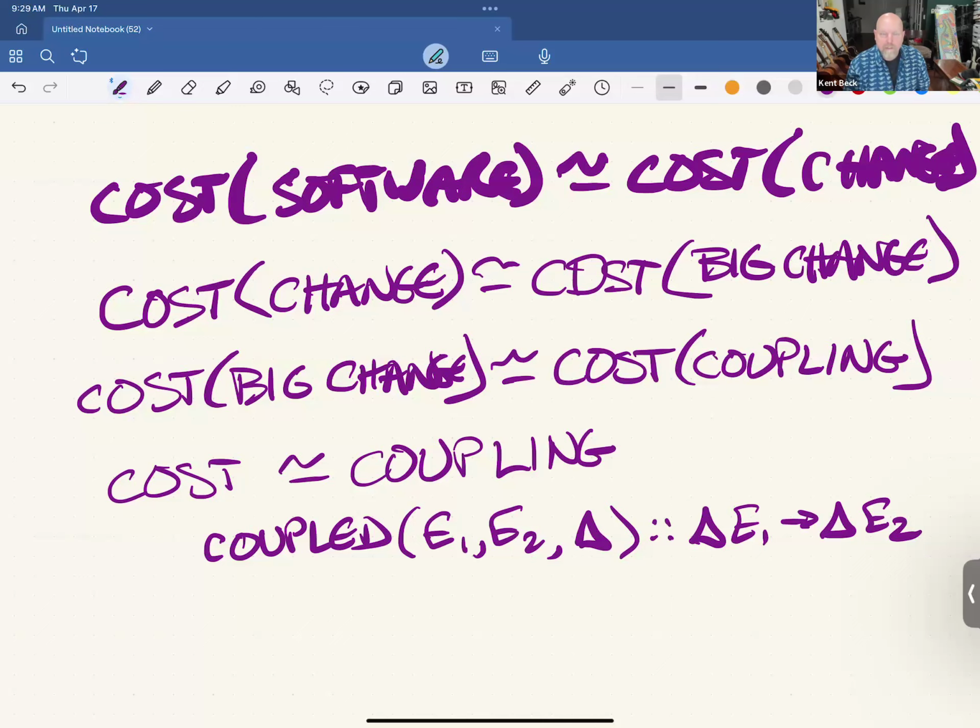And one of the challenges of analyzing coupling is that any two elements in the system can potentially be coupled. I remember a time at Facebook where there were two services and they happened to occupy the same physical rack. One was like ads, another one was a feed. They knew absolutely nothing about each other.